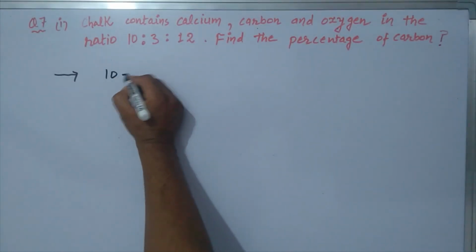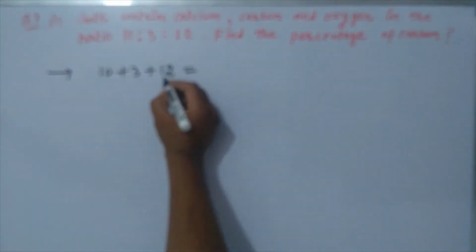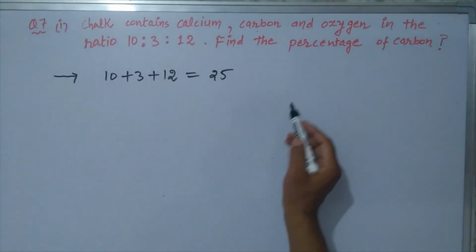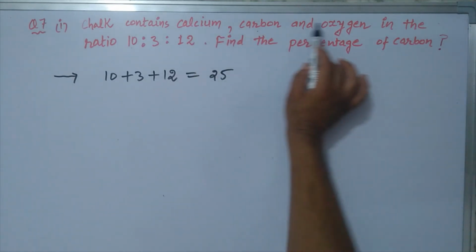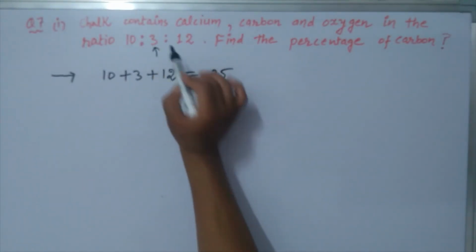They are 10 plus 3 plus 12. That means 25. Now where is the place of carbon? Calcium, carbon and oxygen. 3 is the place for carbon.